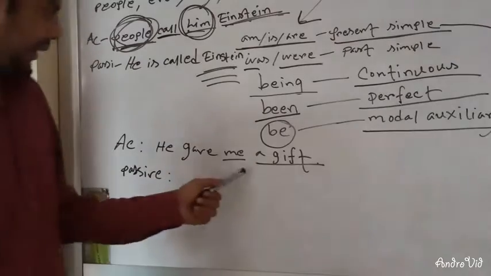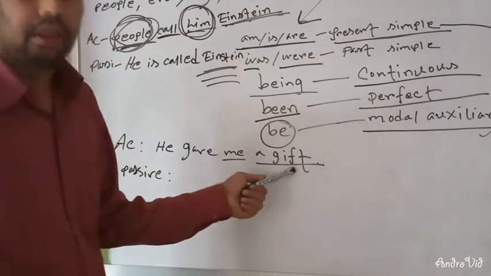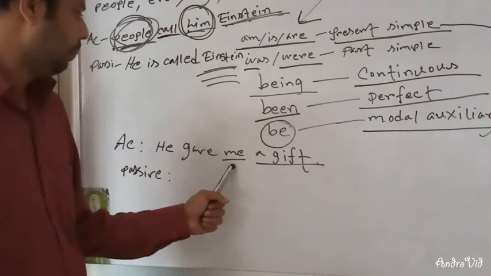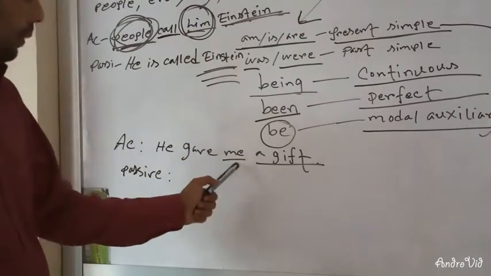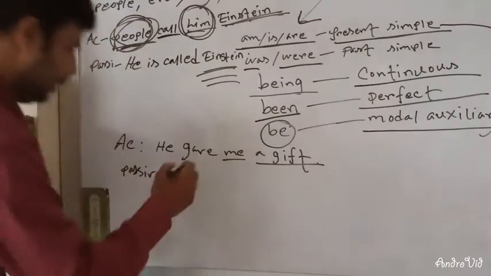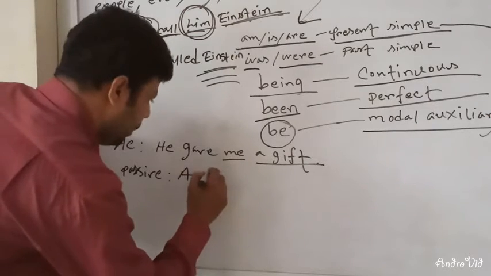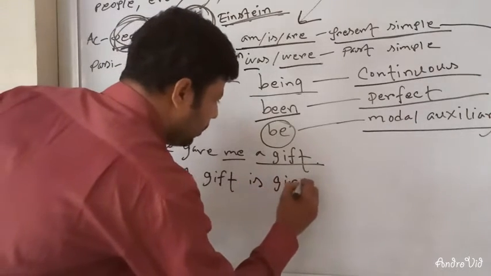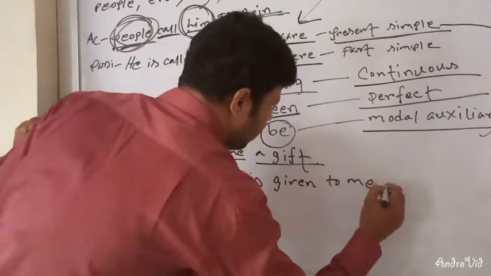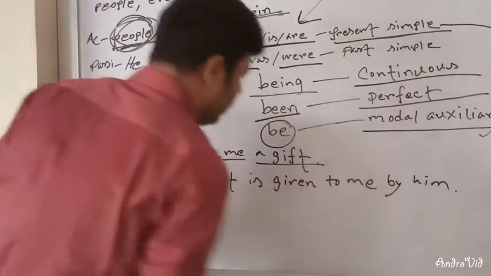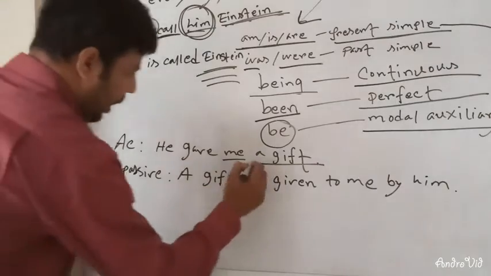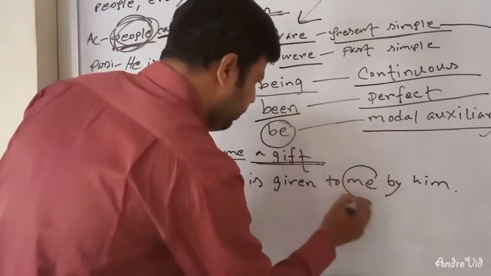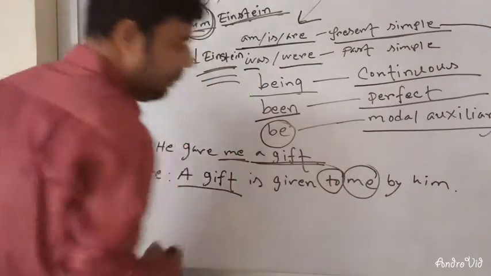But if you take the noun object as a subject in the passive voice, in that case you will have to put an extra preposition before the pronoun object. Let me write down the passive voice. A gift is given to me by him. So as I have taken a gift as the subject in the passive voice, in the case of me I have given a preposition to.